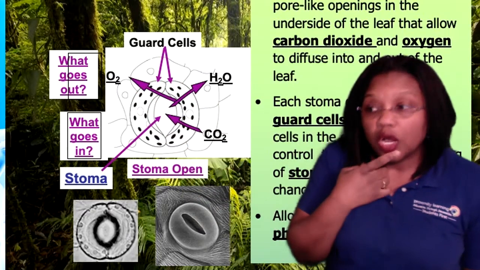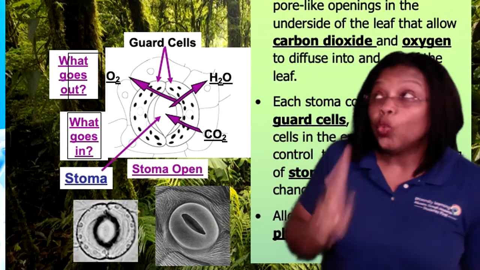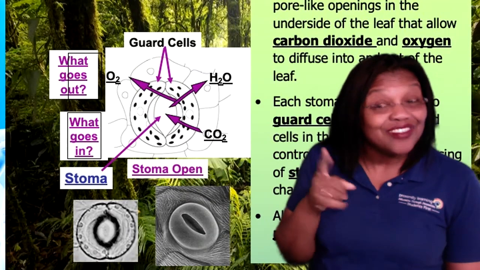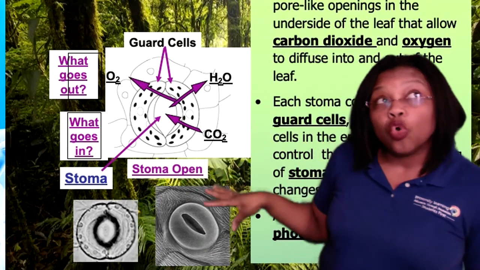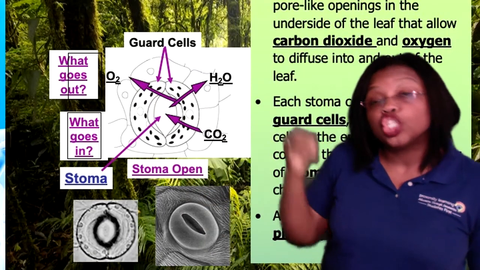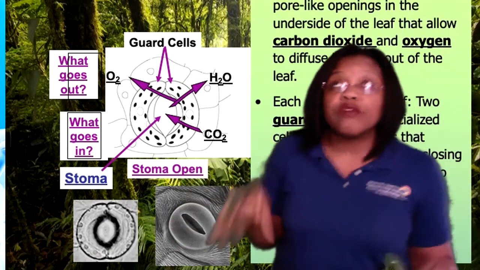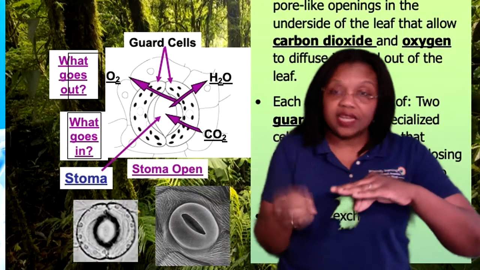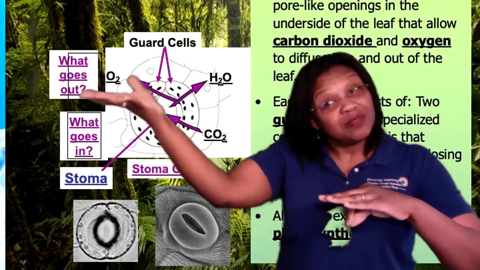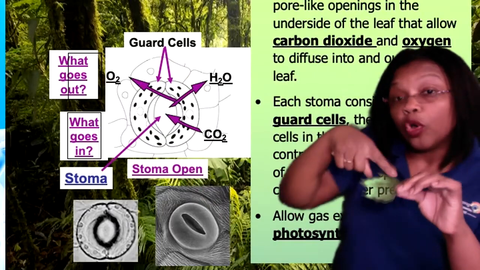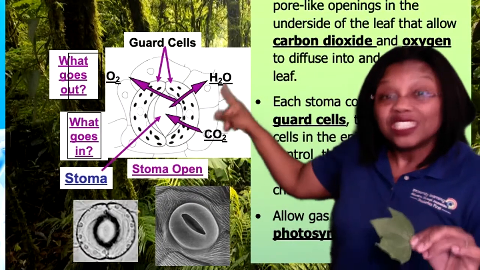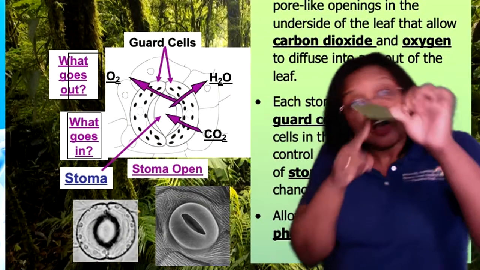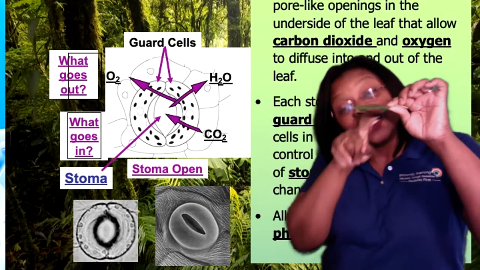Remember we also talked about the water cycle, we did transpiration. Remember we talked about how water leaves a plant and we called it transpiration. Whereas if water's in a pond and it evaporates, that's evaporation. But when water leaves a plant, we call it transpiration. Well, this is where the transpiration takes place, underneath the leaf.